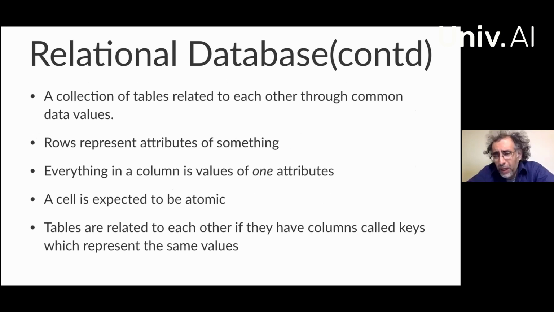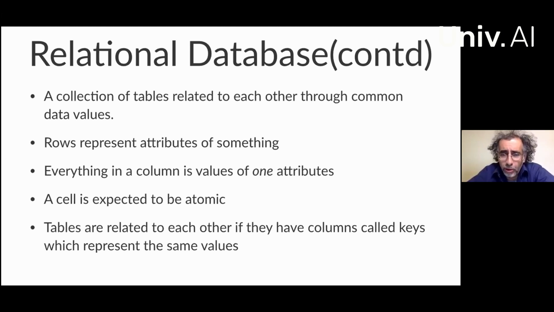But the model of a relational database is this pandas model, this spreadsheet model. It's just the same model that we've been talking about. It's a collection of tables related to each other through some common data value called a key. Rows represent attributes of something or different observations. Everything in a column is the values of one attribute. Every cell is expected to be atomic.